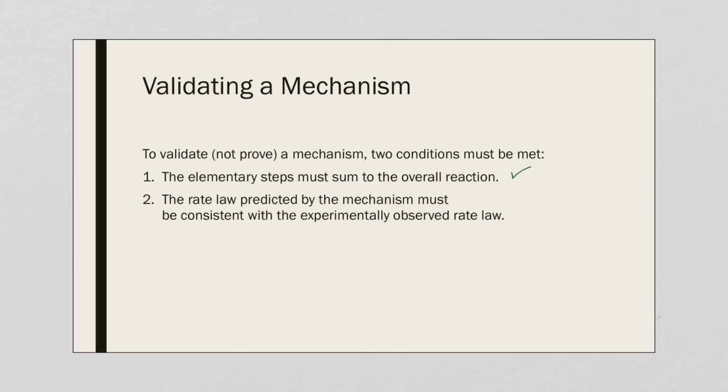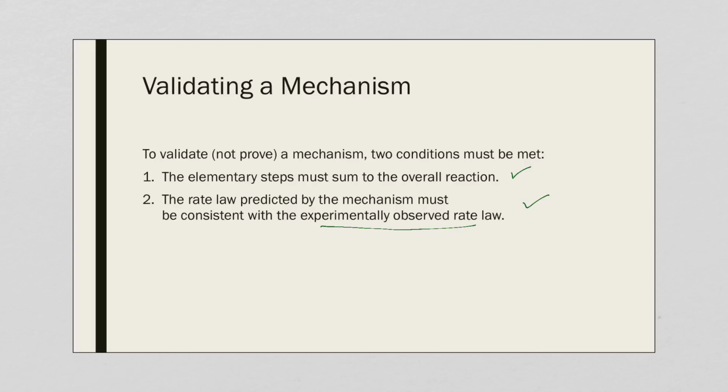We take all the reactants, all the products, cancel out materials that appear on both sides, whether they be intermediates or otherwise, simplify, and it has to match the overall process. The second one is the one that we just talked about. The rate law predicted by the mechanism must be consistent with the experimentally observed rate law, the one from the kinetics experiments that we've done.